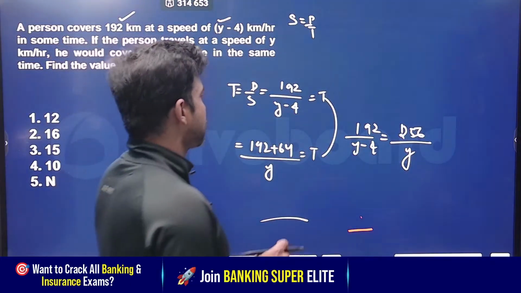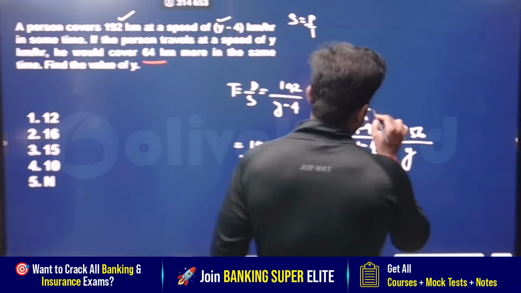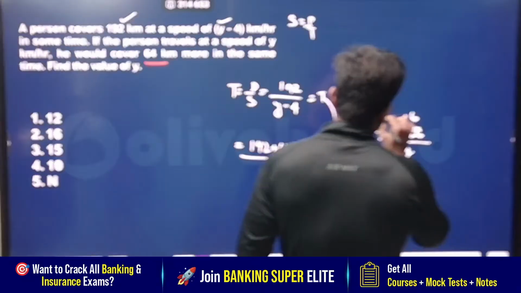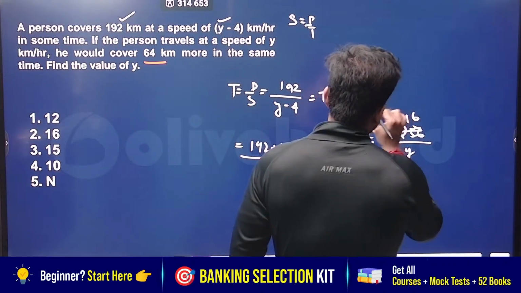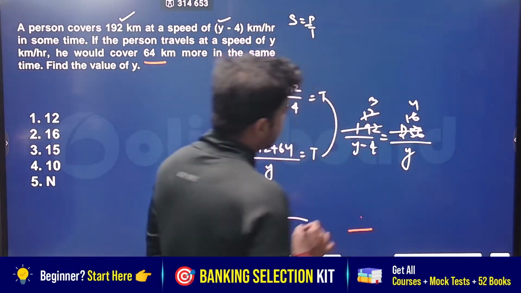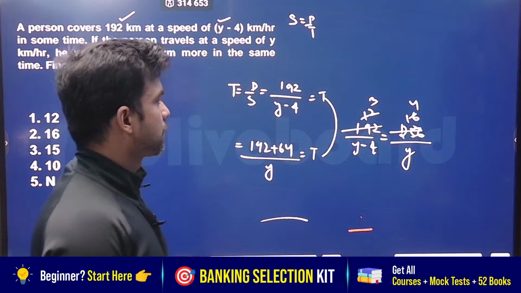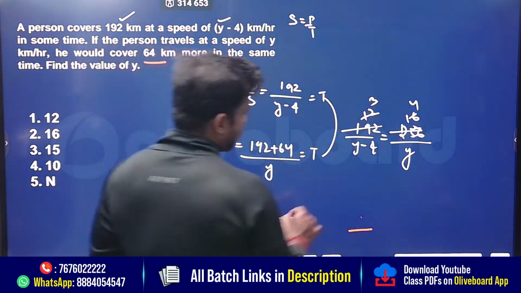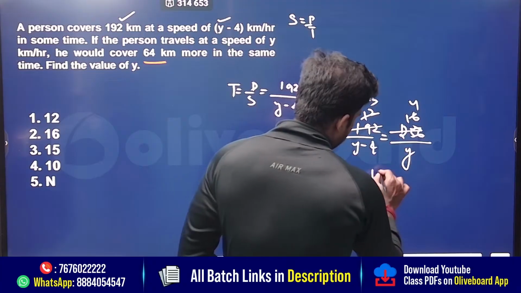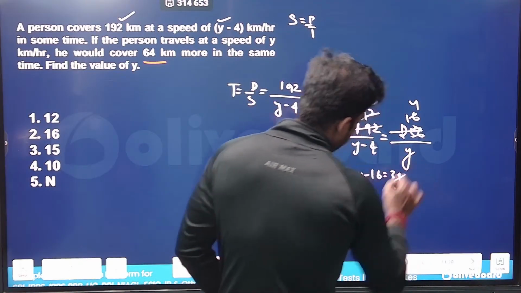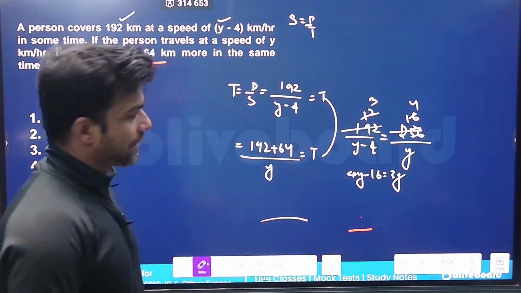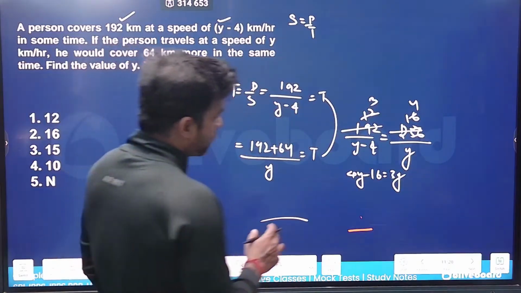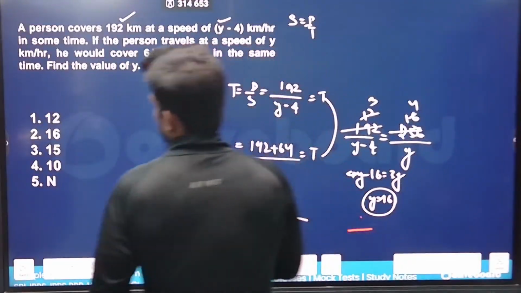Can you try it? See, this goes 12 times, this goes 16 times, this goes 3 times, this goes 4 times, correct? 4y minus 16 equals 3y. From here you can get the value of y, which is basically 16.